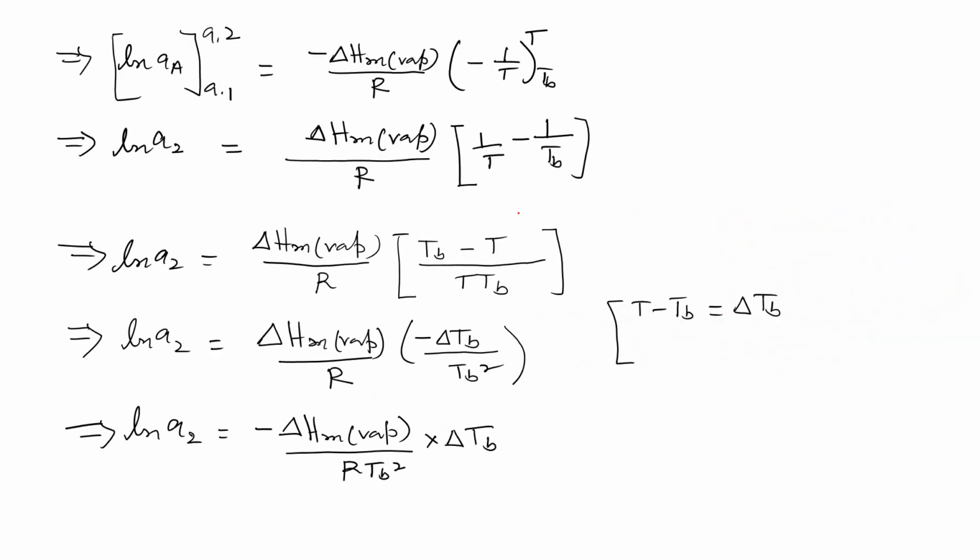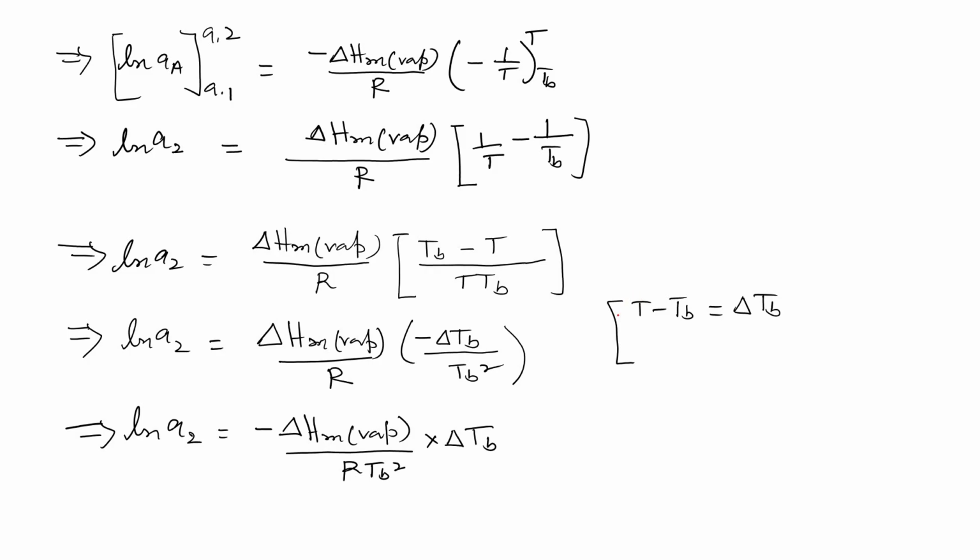That result will be minus 1 by T, as already shown earlier, with limit Tb to T. So ln A2 is equal to delta Hm vaporization by R, then 1 by T minus 1 by Tb. Then this minus got cancelled. So here ln A2 is equal to delta Hm vaporization by R. If you simplify this one, Tb minus T, and here it is T into Tb.